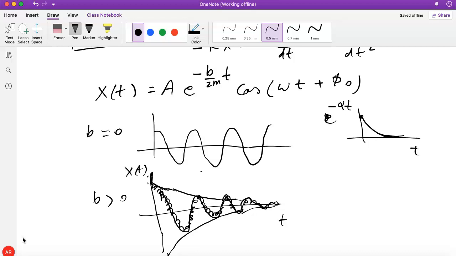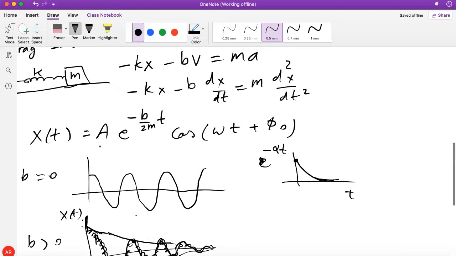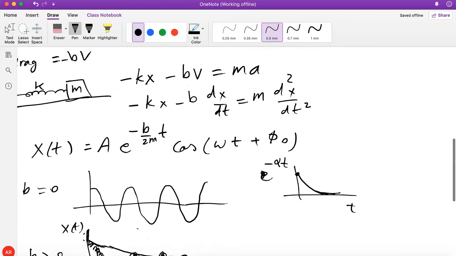All right, so the strategy to see that it works, I don't want to go through the entire calculation, but let me give you an overview of what the strategy is. I have this functional form. I can take its derivative with respect to time.